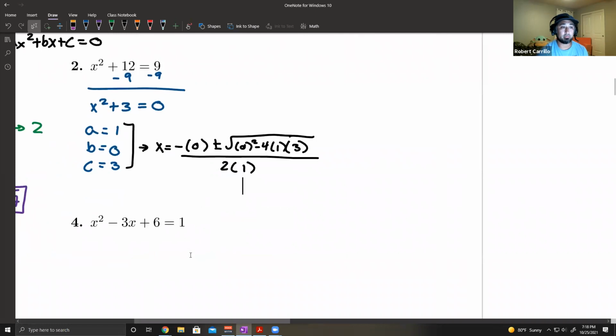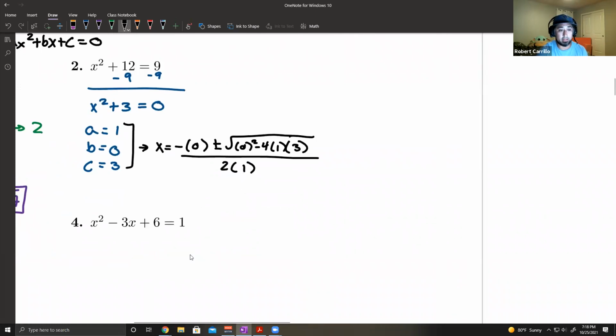Okay, cool. Let's clean this up and you'll be left with 0 plus or minus the square root of 0 minus 12 over 2. Now some more cleanup. If you want to see this clearly, let's split it into 2 fractions.